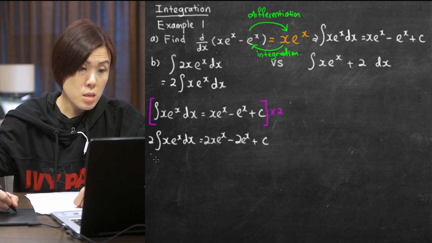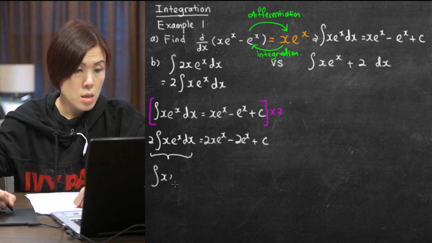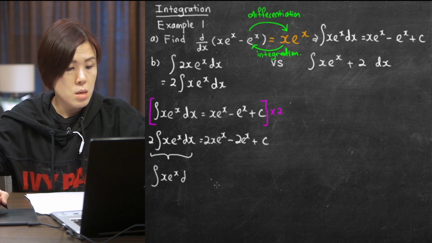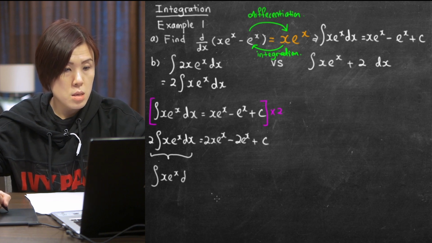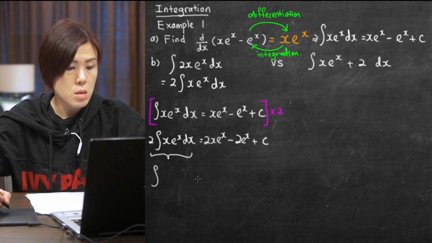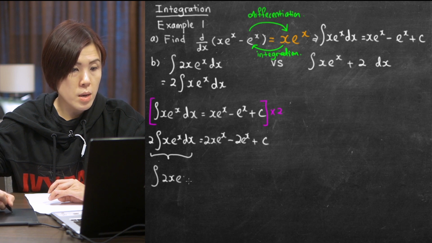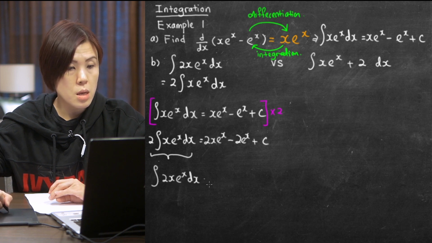So in the end, this thing can be expressed as, sorry guys, I forgot to write down the 2. So it should be 2x e to the power of x dx.